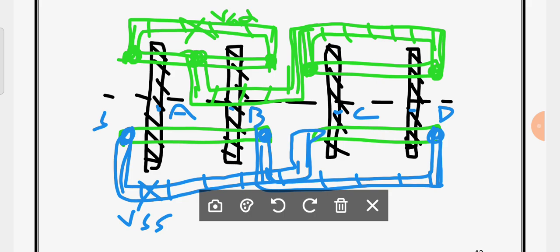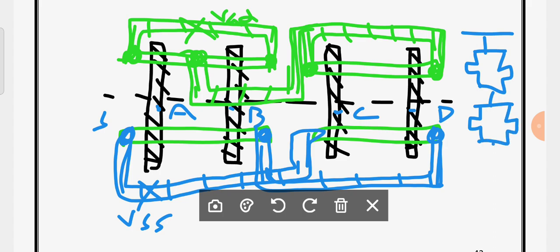Now what are the remaining connections we are having? If you just observe your schematic, I will talk about the schematic like this. This is AB and it is CD, and it is AB and it is CD.